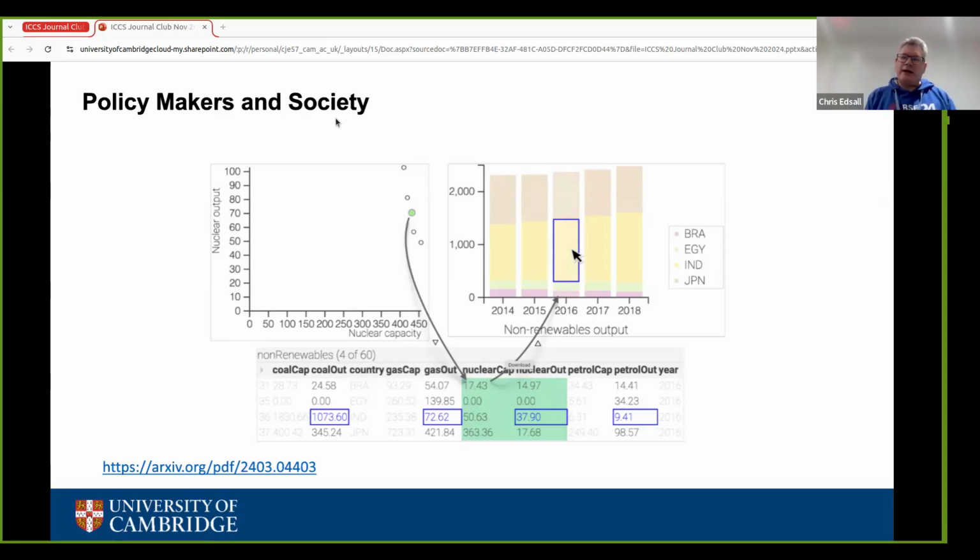The question is, what certainty do you have in the figures in, say, the IPCC's Sixth Assessment Report or advice to policymakers? Can you track that back to the provenance of the data that went into that figure? That's a very interesting piece of software engineering that's going on in ICCS at the moment.